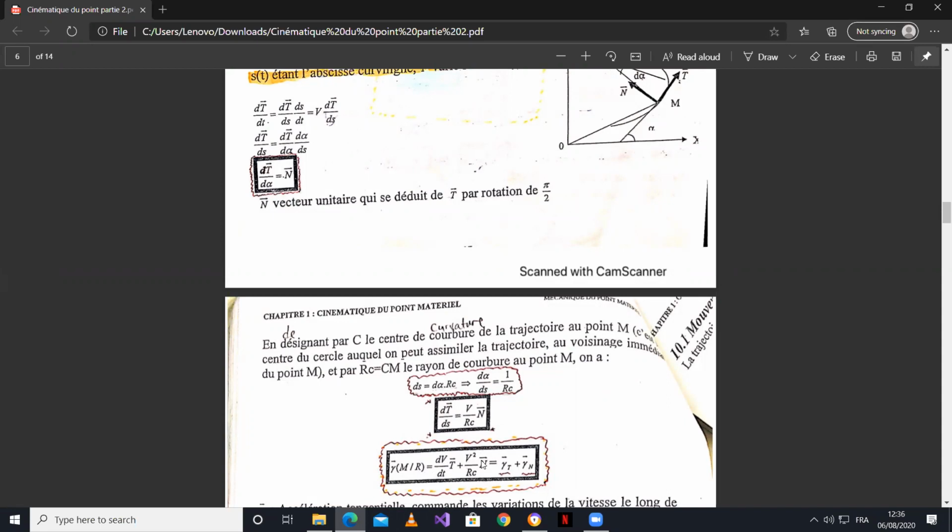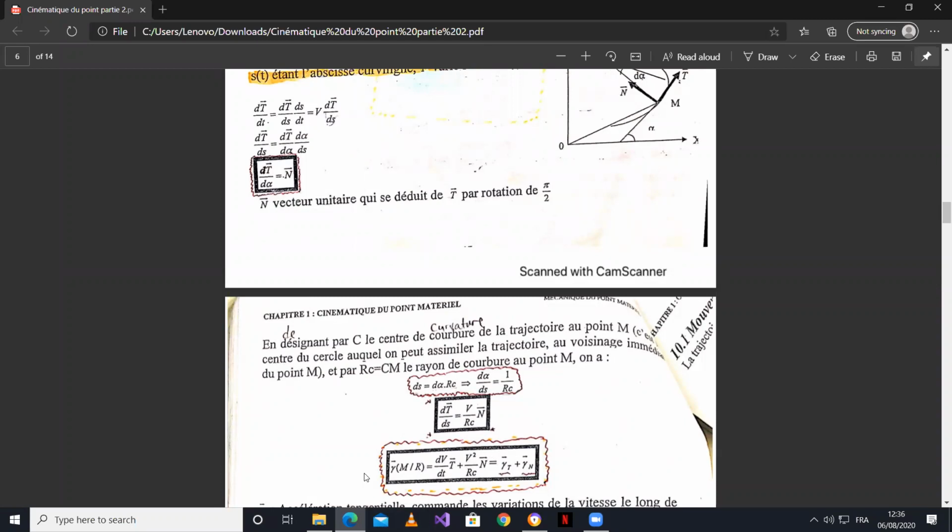We denote them as gamma t, accélération tangentielle, because it's dans la direction de la tangente, and then we have the acceleration normale because it's in the direction of the normal. So this is your final expression for the acceleration in the coordonnées de Frenet.